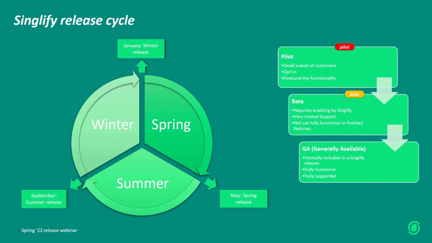And lastly, if we have functionality that is ready for production use, we release it as GA. Not all functionality needs to go through all 3 phases. In many cases, functionality will immediately be generally available because the requirements are clear from the start, and we just build and deliver it.